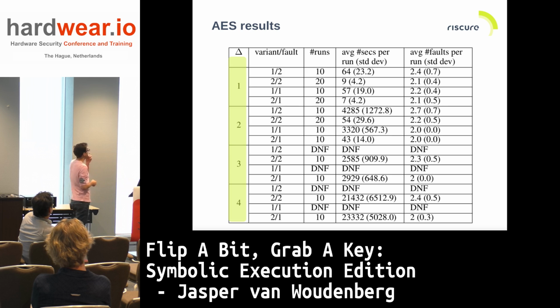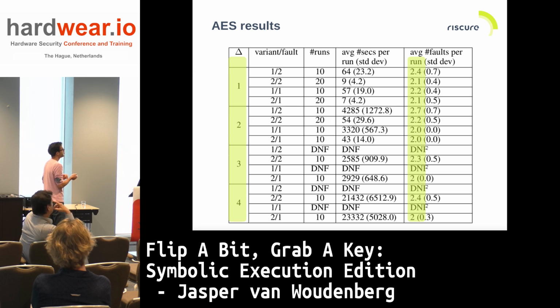These are the results for AES. So we see if we flip a certain number of bits, so 1, 2, 3, or 4, the number of faults we needed to get the full key out didn't vary that much. So we have 2.4, 2.3, 2.